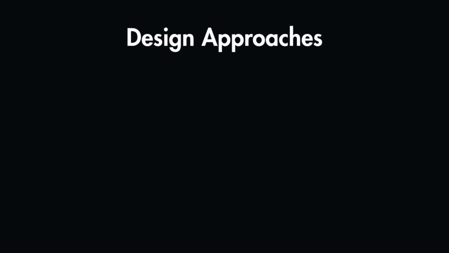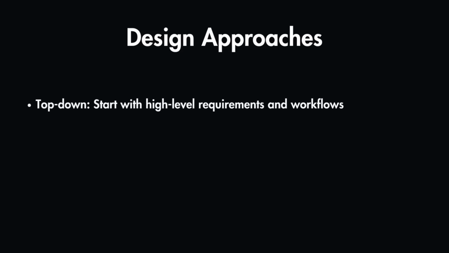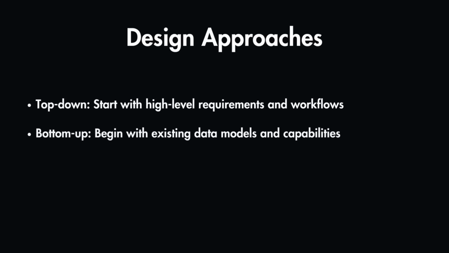When it comes to design approaches, there are a couple of ways to go about it. The first one is top-down approach, which is you start with high-level requirements and workflows. This is more common in interviews where they give you the requirements on what the API will be about, and then you start defining what the endpoints will be, what the operations will be, and so on. But there is also the bottom-up approach, which is if you have existing data models and capabilities, then you should design the API based on this.